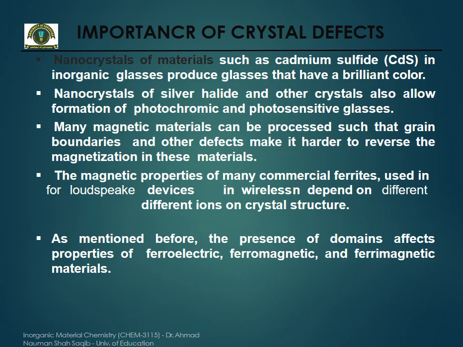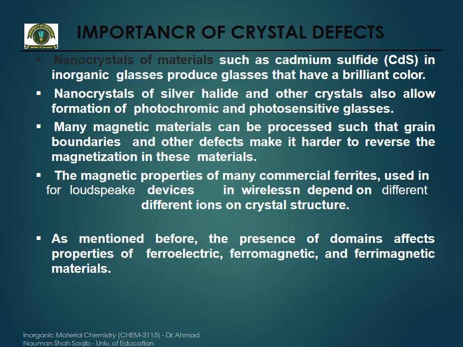Many magnetic materials can be processed such that grain boundaries and other defects make it harder to reverse the magnetization in these materials. The magnetic properties of many commercial ferrites are used for loudspeaker devices.